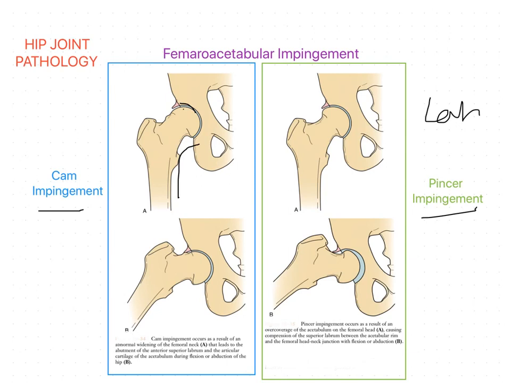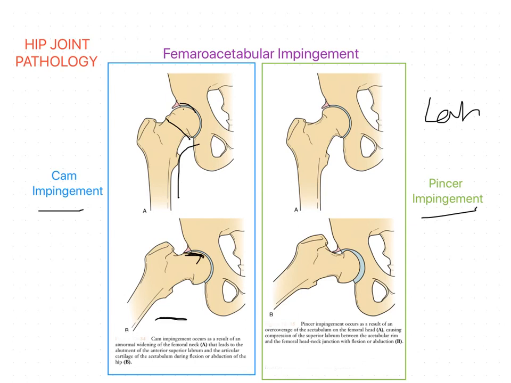Cam impingement is a result of an abnormal widening of the femoral neck. This leads to abutment of the anterior superior labrum and the articular cartilage of the acetabulum during flexion and abduction.